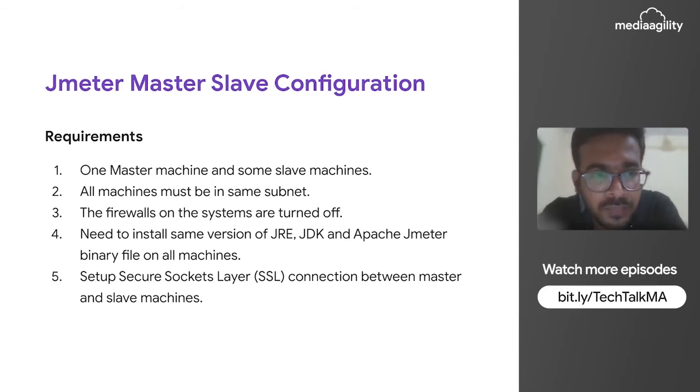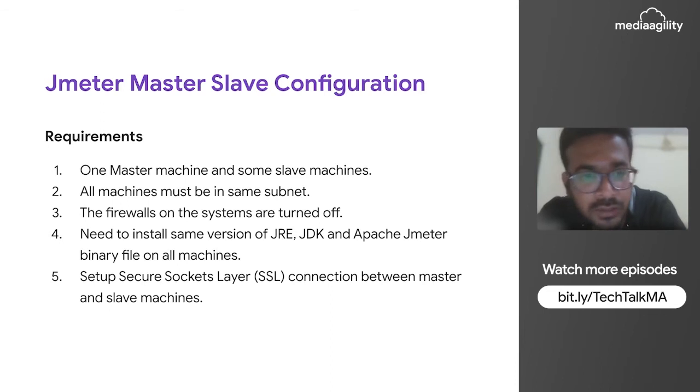So the basic requirement is one master machine and other slave machines. That depends on your requirement, how many you can get. All machines must be in the same subnet, as we are transferring commands between machines, and the firewall must be turned off.